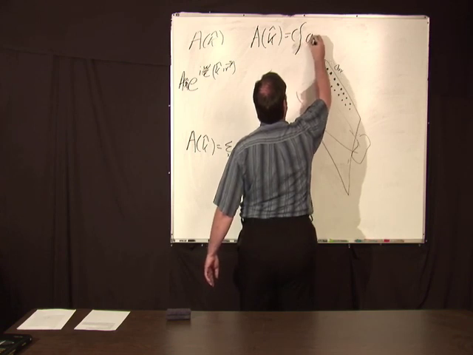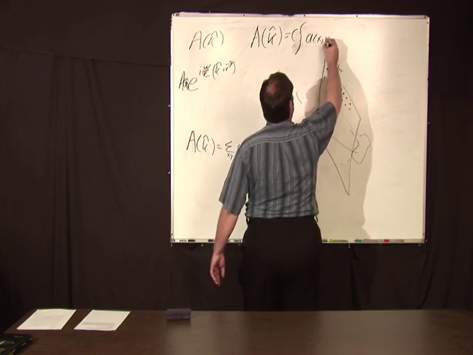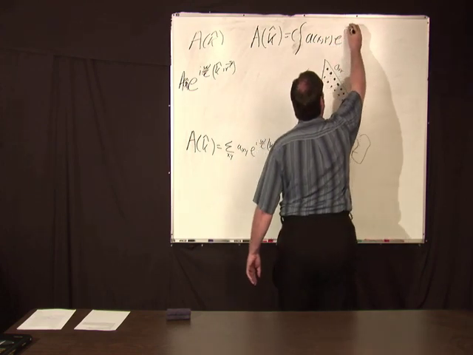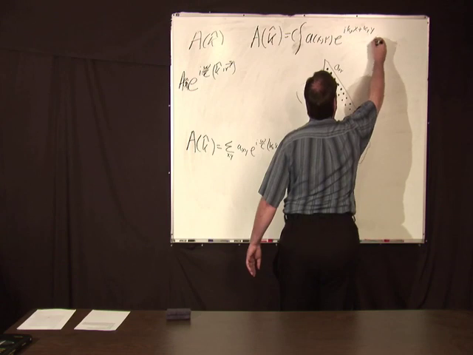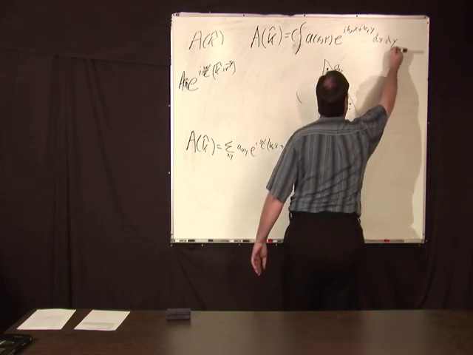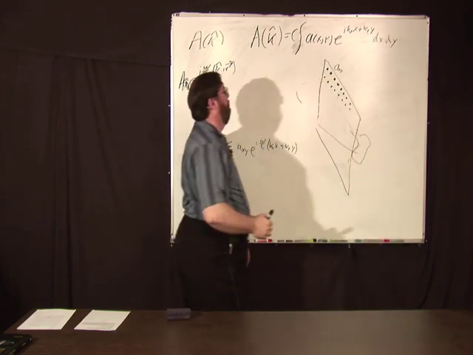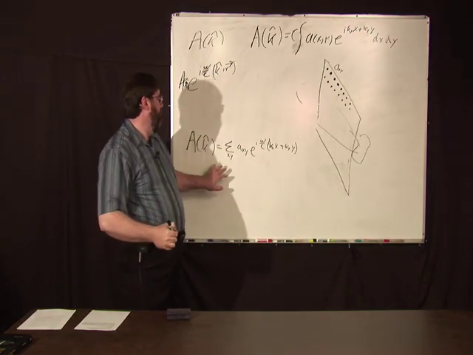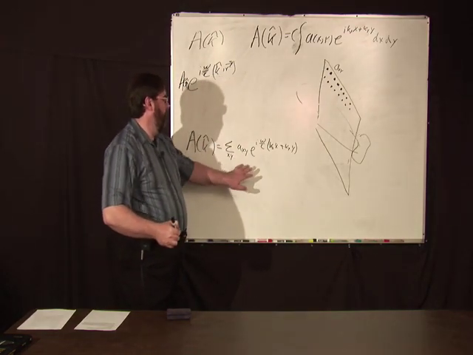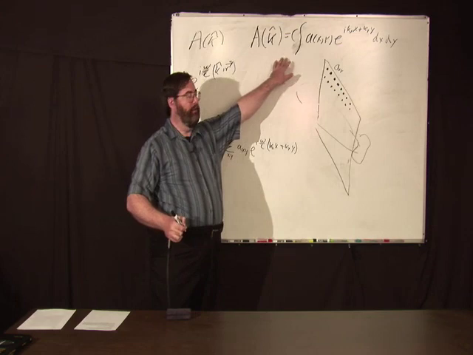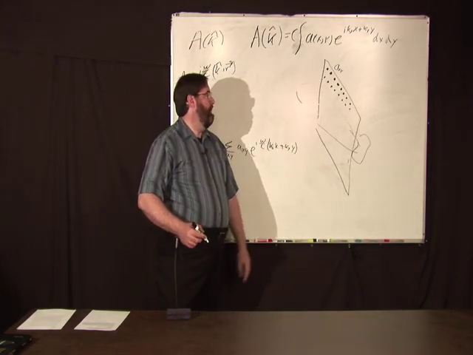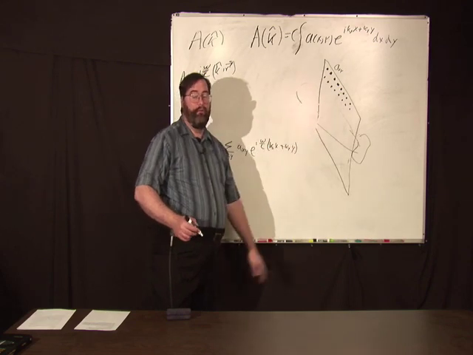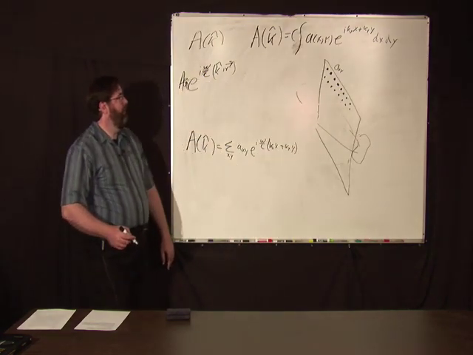Of A of x, y, e to the i (k_x x plus k_y y) dx dy. Okay, so that's a Fourier transform, in this case a continuous Fourier transform, of the excitation distribution in the plane in front of the source. Okay.